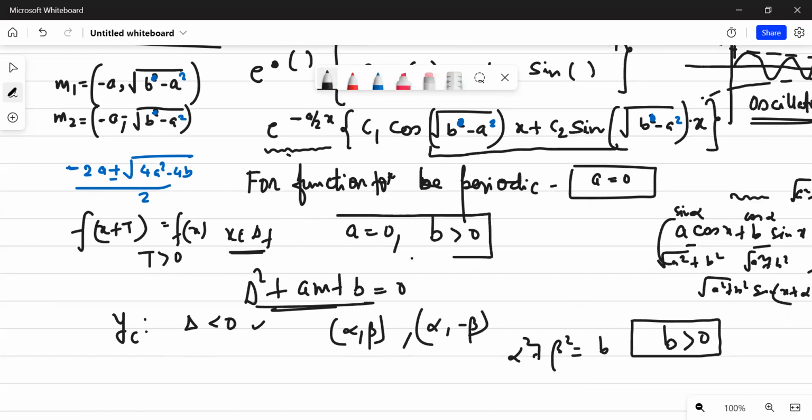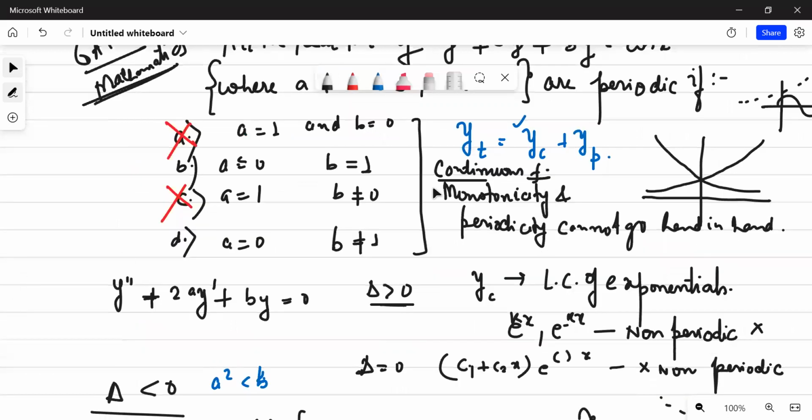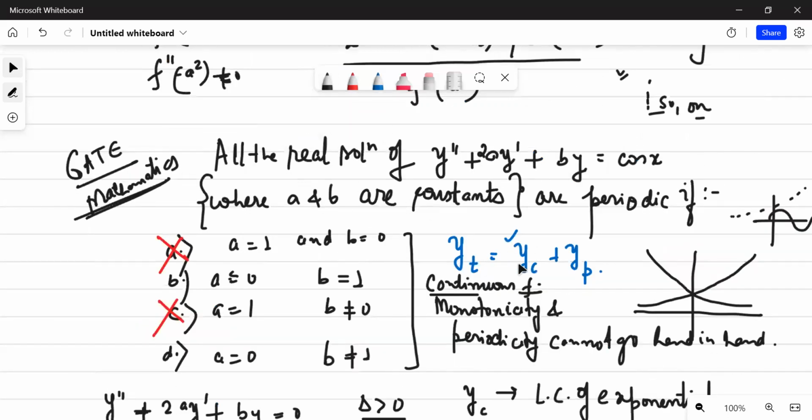This is the most you can derive from the complementary function: the complementary function would become a periodic function only if a is equal to 0 and b is greater than 0. But what we want to find is all the real solutions, so it implies that we also have to look at the periodicity of yp.